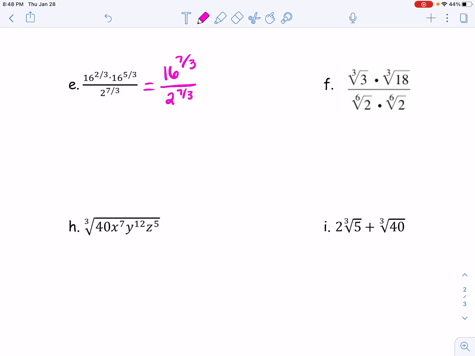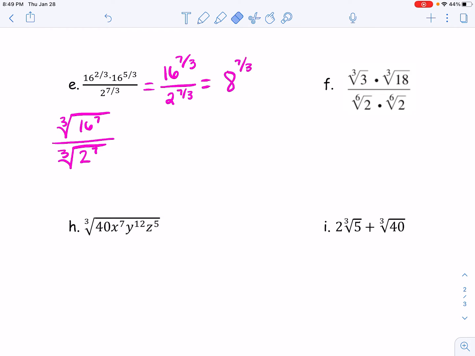Think about what this would really be. This would really be the cubic root of 16 to the 7th power over the cubic root of 2 to the 7th power. So because the roots are the same, I can take the quotient of them, right? So that's really going to be 8 to the 7/3 power.